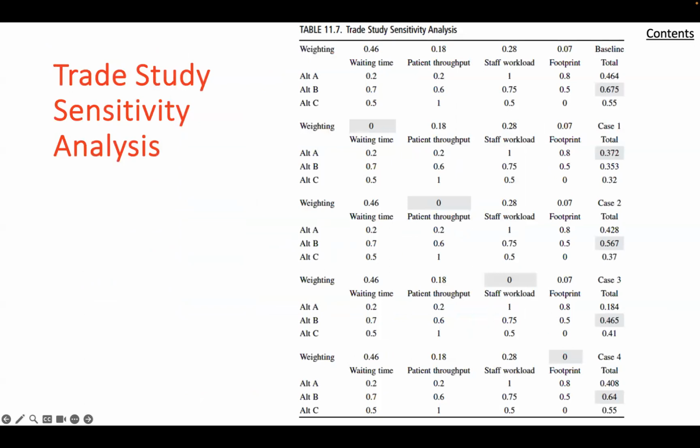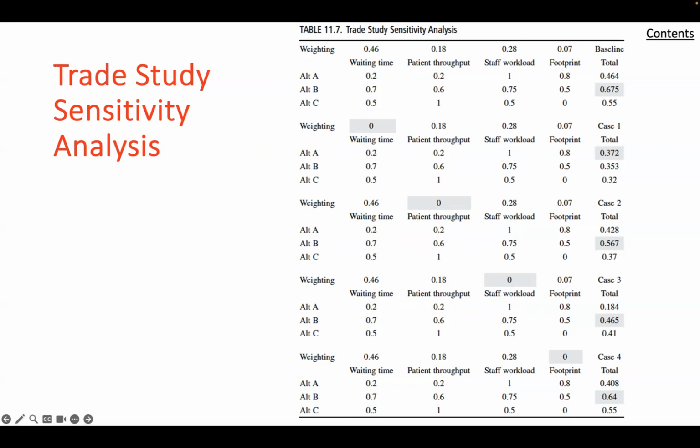In this case, we find that alternative B is the winner. What happens if we perform sensitivity analysis on each of the 4 technical criteria? What would distinguish additional winners? Here we see a method where we zero out each weight highlighted in gray and reevaluate the alternatives.